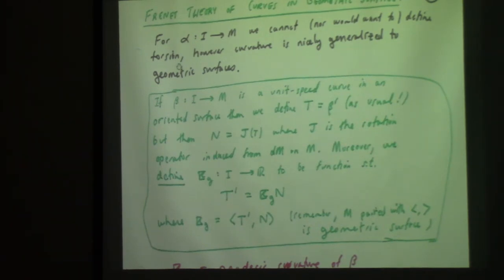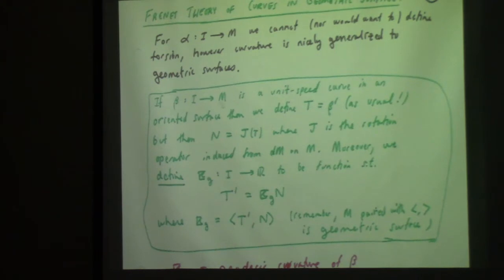The torsion of a curve in 3 dimensions describes how the curve is lifting off the osculating plane. And so we don't really care about torsion, but we do care about curvature. And we can still talk about curvature for a curve on a surface, and here's how we do it.